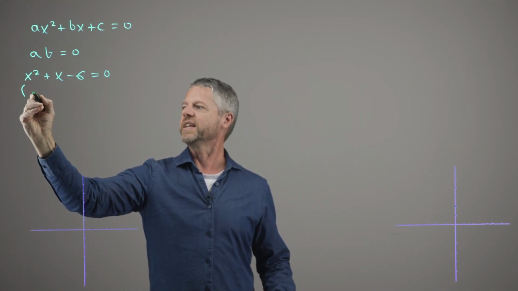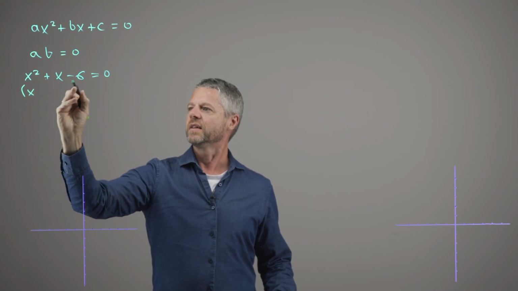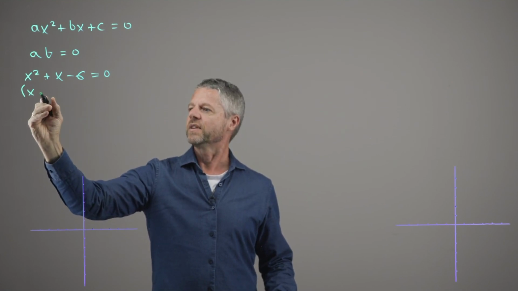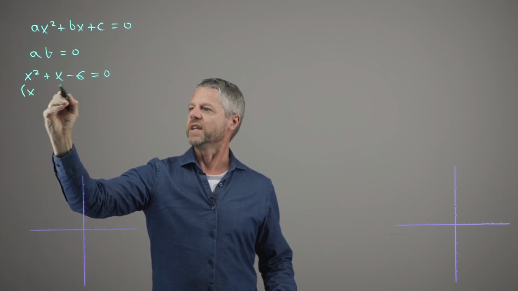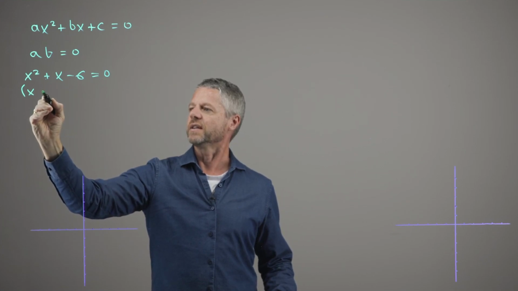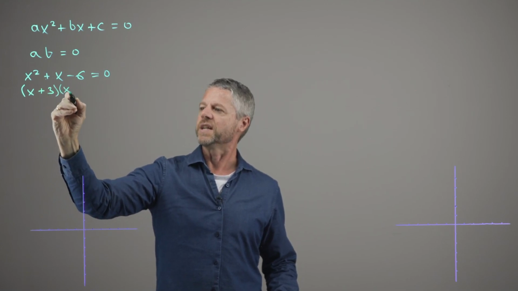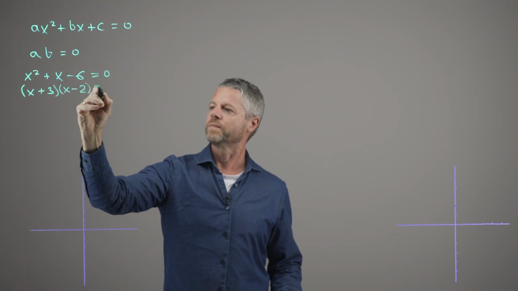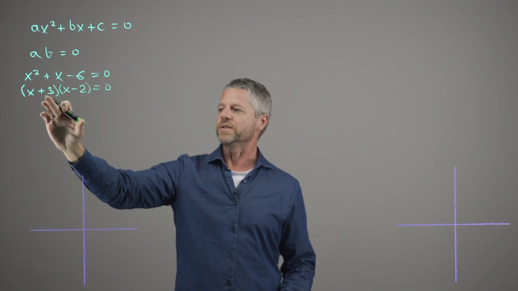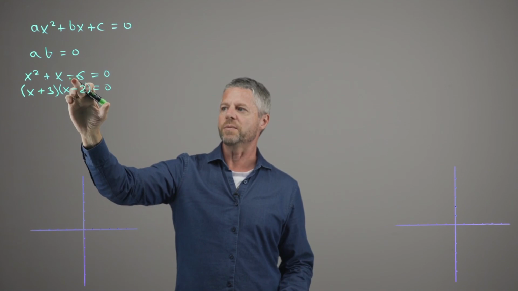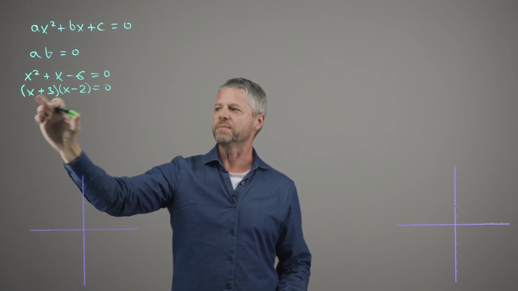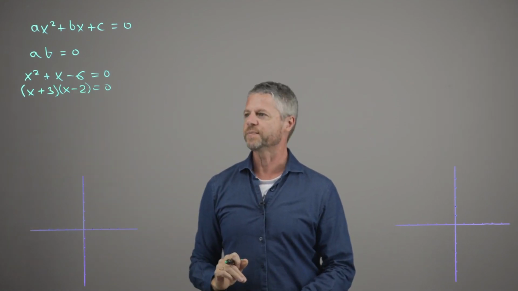In this case, we want plus 3 and minus 2, because 3 times minus 2 will be minus 6, and plus 3x minus 2x will be plus 1x.